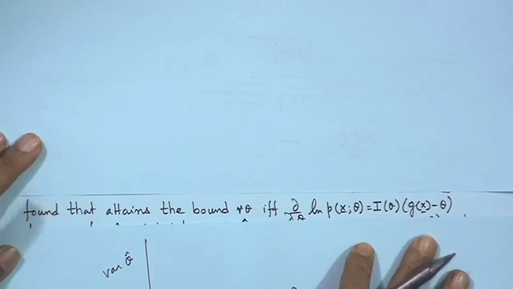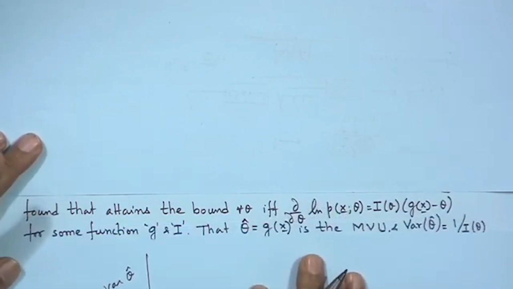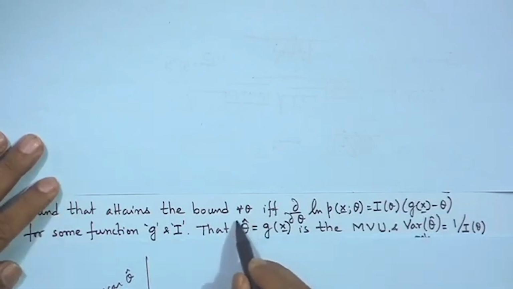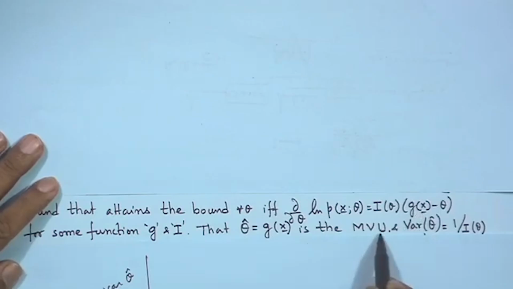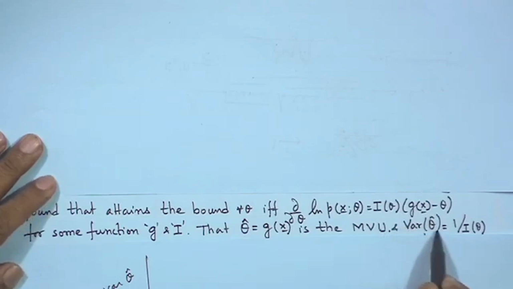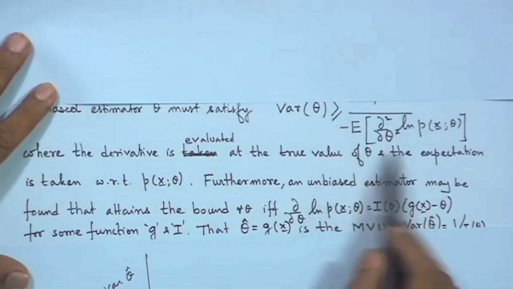So, if you can factor the first derivative of the log likelihood function, in that case you could claim that the estimator is given by this function g of x, and it is the MVU, that is the minimum variance unbiased estimator, while the variance of this theta cap is equal to 1 upon I of theta, and I of theta is nothing but this expression.